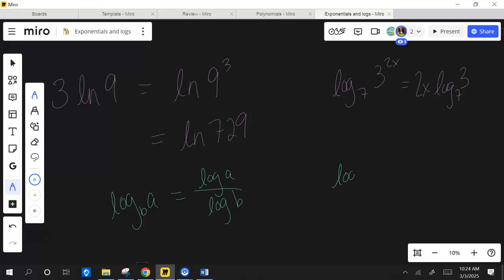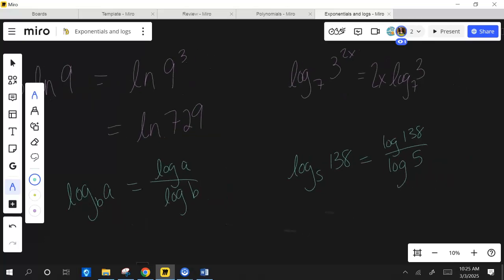So if I have log base 5 of 138, if you put that in your calculator, what are you putting in? Log 138 divided by log 5. Remember Thursday we talked about it could be any base, so you could use that LN button and you'll still get the same thing.